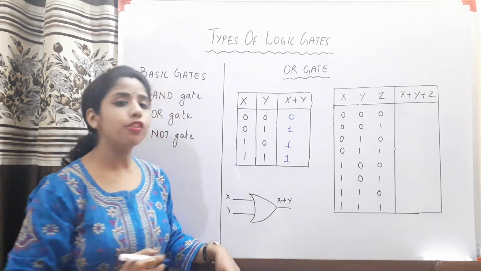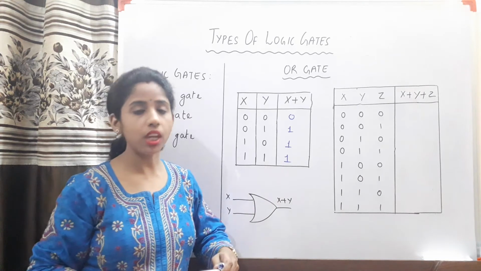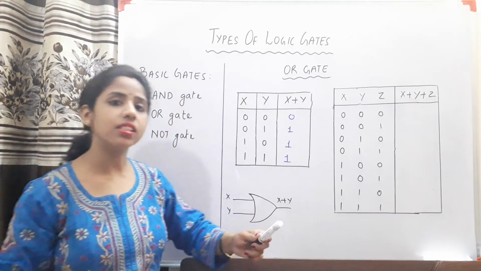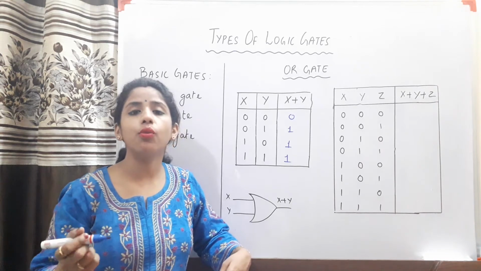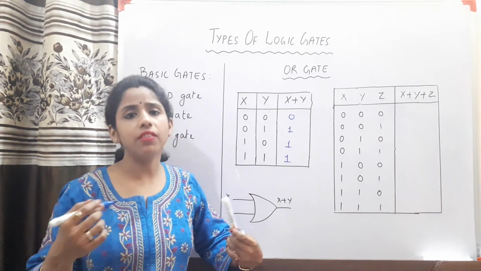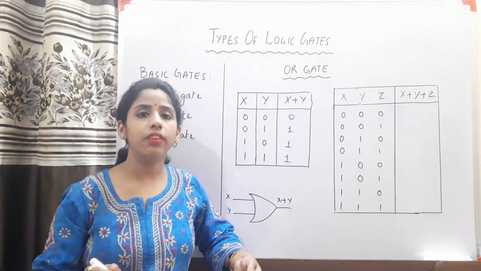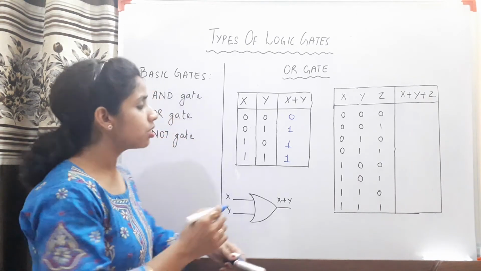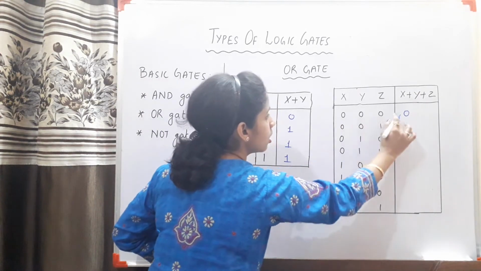Okay, so if you apply the same rule over 3 variables, again apply the same concept, that is, the output will be 1 if even one of the inputs is 1, or you can say the output will be 0 when all the inputs are 0. So here in this case you can see this will be 0 because all the inputs are 0.